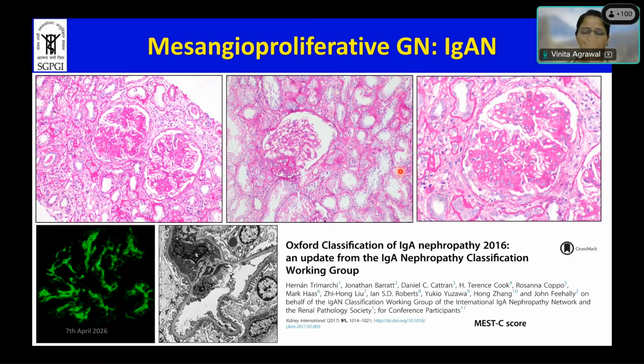Very good. Then C? C0, because you don't see a crescent. So C1 and C2 are dependent on the number of crescents that you see. C1 is up to 25%. If more than 25%, then you say C2. But if you don't find crescents, it's C0. For tubular atrophy, how do you do it? T1 and T2? T1 is 26 to 50% tubules.